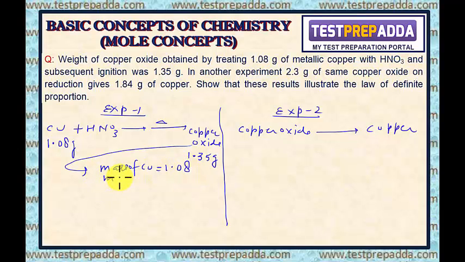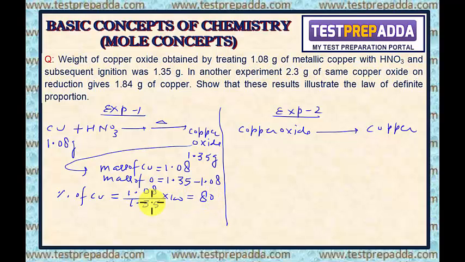And what will be mass of oxygen? Copper oxide means copper and oxygen. So mass of oxygen will be 1.35 minus 1.08. So if I try to find percentage of copper in this copper oxide, I will write 1.08 upon 1.35 into 100.